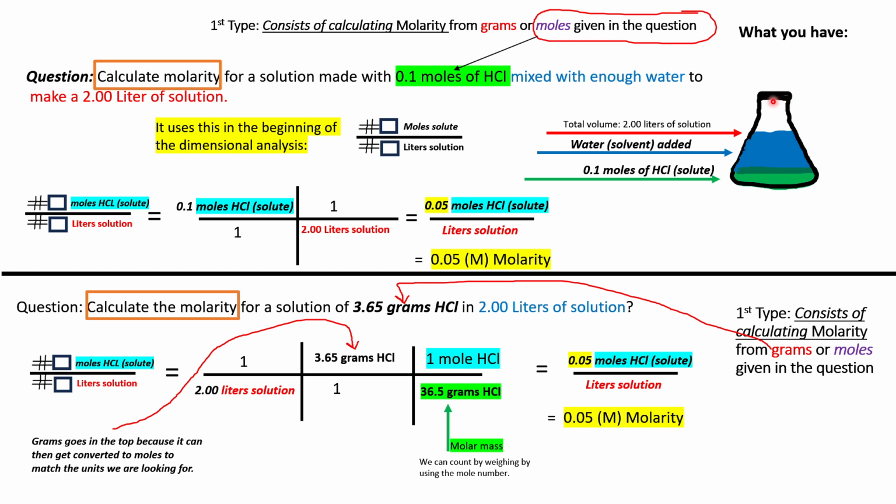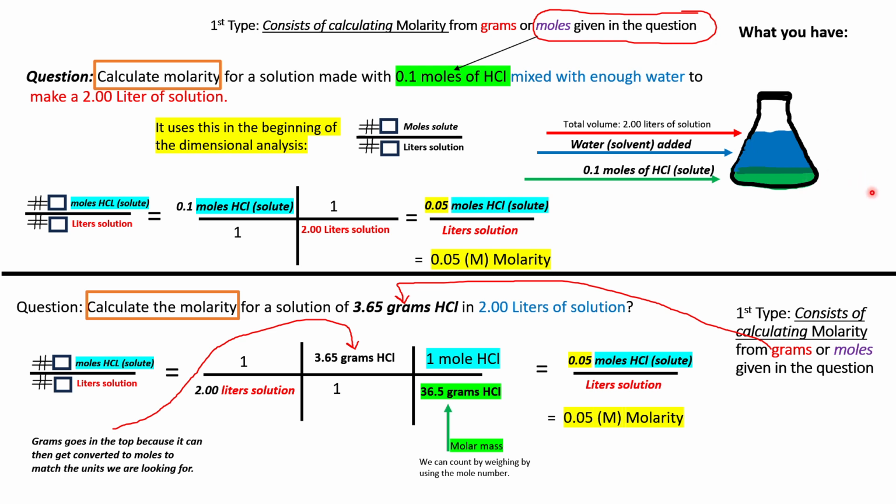They're telling us that we have 0.1 moles of hydrochloride inside this container. Afterwards, we add water to it, we mix it, and we make a solution that brings the total volume to 2 liters. That's the total amount that we have inside this container, 2 liters.